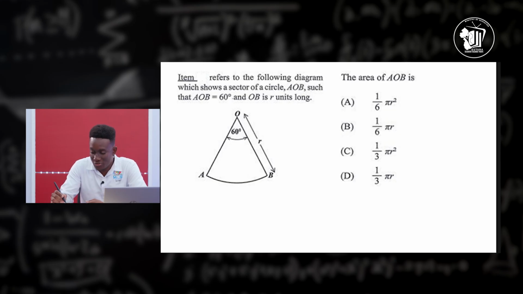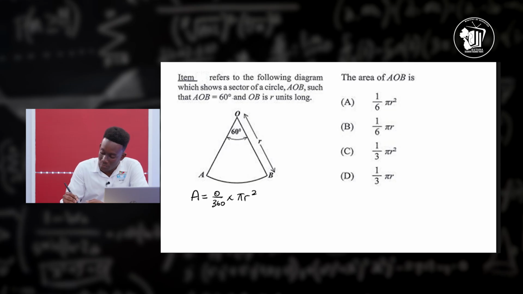The formula to find the area of a sector is theta over 360 multiplied by pi r squared. So we just put in the things that we know. Theta is 60, so 60 over 360 multiplied by pi, and r units long means it remains r squared. Nothing really changed, just the 60.